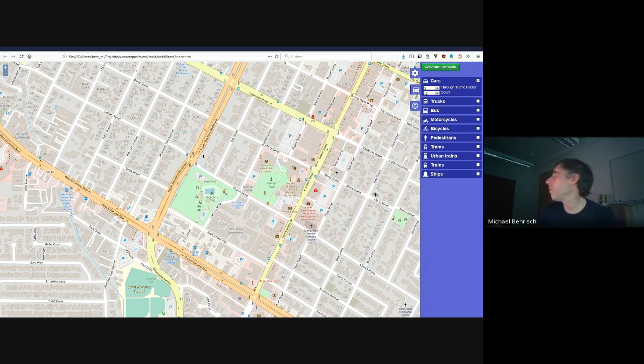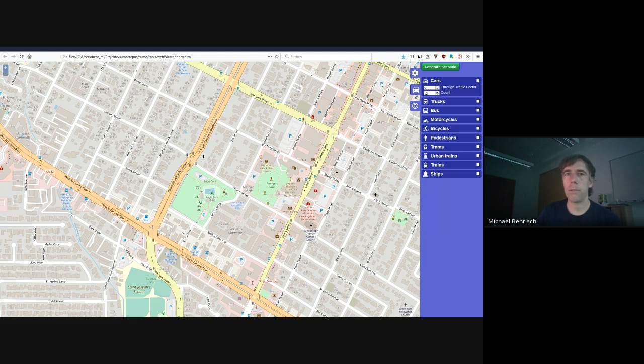Then you can push the generate scenario button, and if you all push it at once, then probably the OpenStreetMap server will say it is too much, but maybe not. It will now download the map to your local machine and generate a SUMO scenario, with the public transport and also the cars.